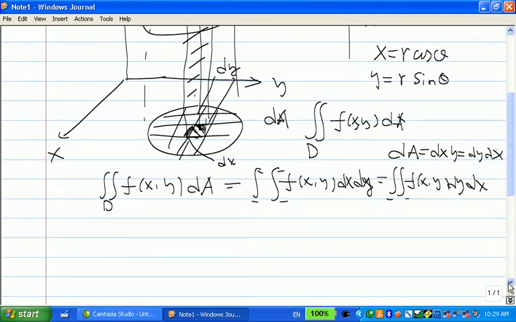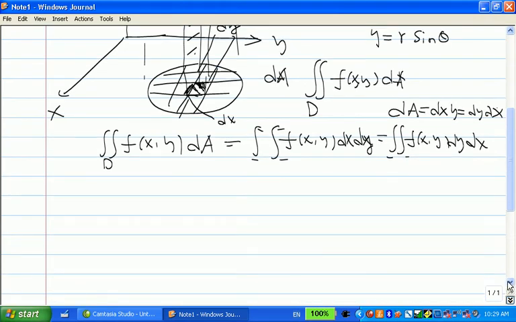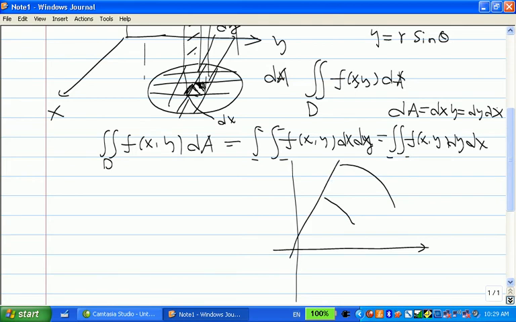The purpose of this section is, again, to find this double integral. If your region D, your domain D, is in some shape like this, for example, this is my D, if the shape is like that, for some domains and also for some functions f(x, y), it's easier to express them in polar coordinates.